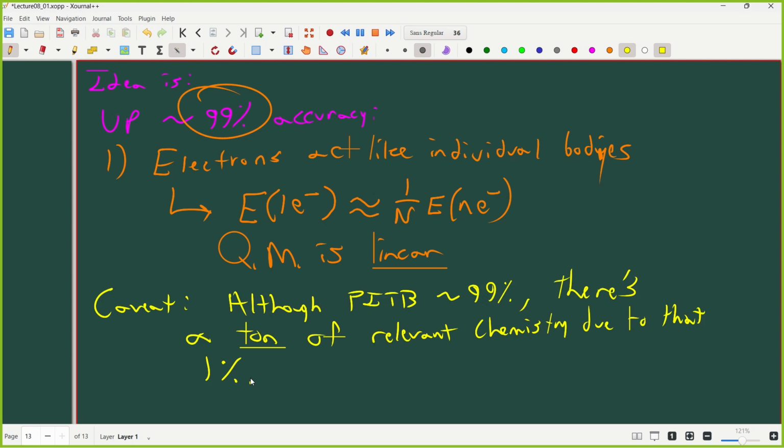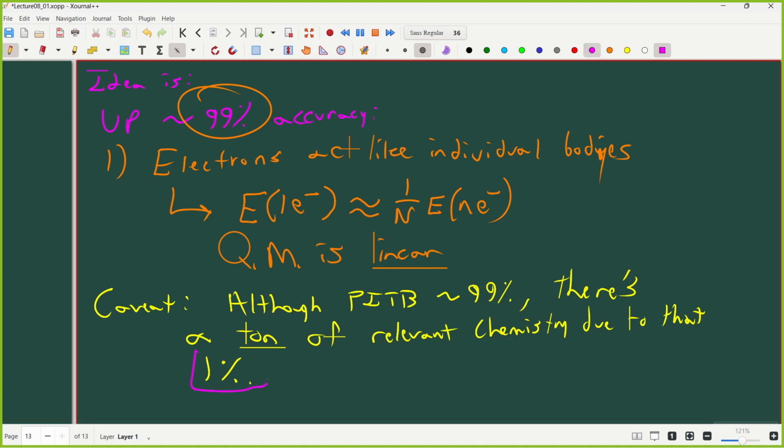The only thing that matters is the number of electrons you have and the length of your box, right? And we know that that's not true because mercury and iron and platinum, they act very differently than boron and carbon and nitrogen, right? And it turns out that at the energy level, the difference between these are very small. It might be 1 to 10% difference, but all of the interesting diversity in chemistry comes from that 1%.